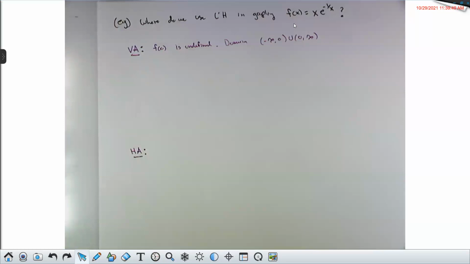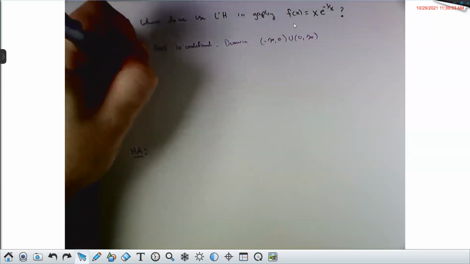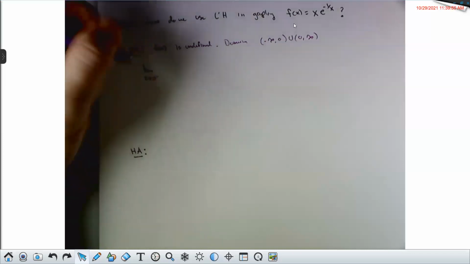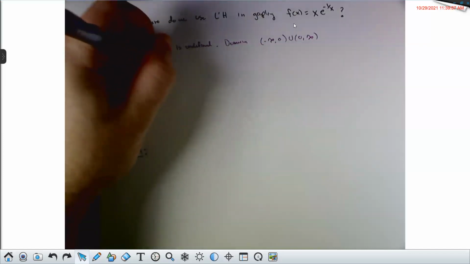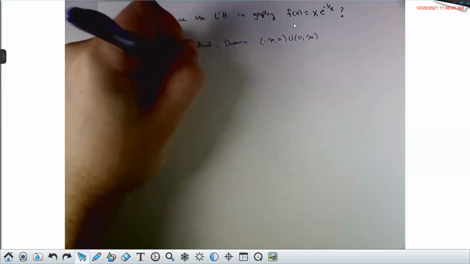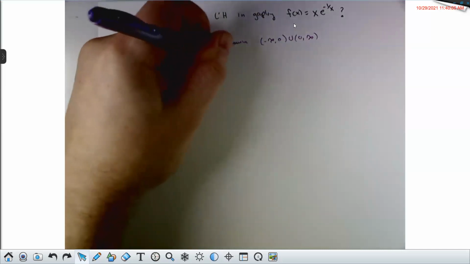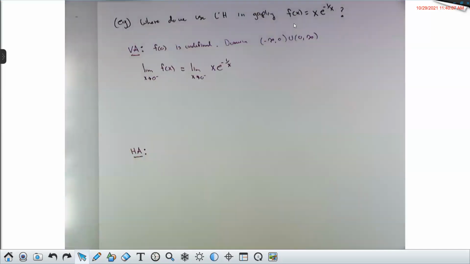And here, I think it's wise to look at both the left and right limits separately. So I can look at the limit as x goes to 0 from the left of f of x, which is the limit as x goes to 0 from the left of x e to the negative 1 over x. The first thing we do is just try to plug in, sort of naively, 0 for x.